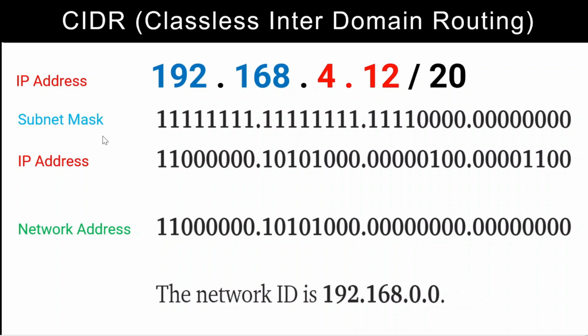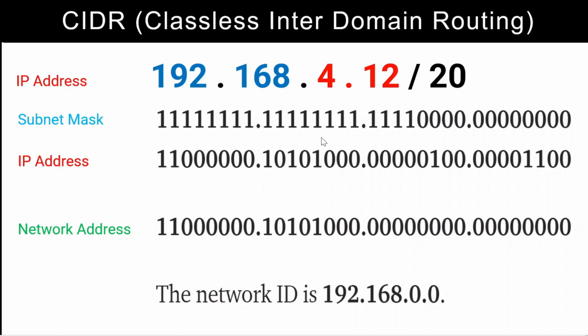Now let's see how to determine the network address for a given IP address based on the CIDR notation. It is very simple. You can determine the network address just by doing the AND operation between the subnet mask and the IP address as shown over here in this example. In this example, as per the CIDR notation, /20 means first 20 bits will determine the network address. So you can represent the subnet mask for this IP address like this.